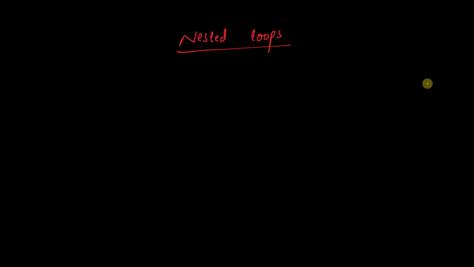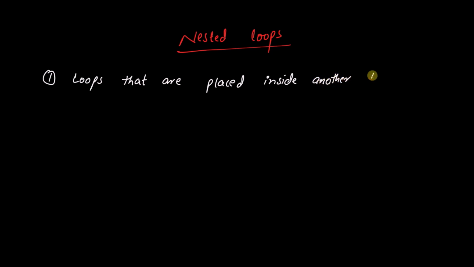Today we are going to discuss the nested loop. In order to understand the nested loop, we need to keep a few things in mind. Number one, nested loops are loops that are placed inside another loop.